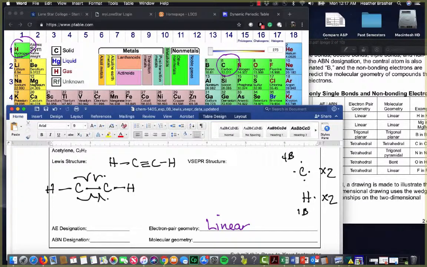But you can see they're all right here, in a line together. And this is bound here with this. So this guy's going to be linear as well. And if we're going to draw the VSEPR structure for this, it's just in one long line.